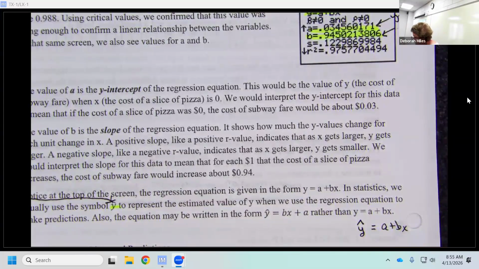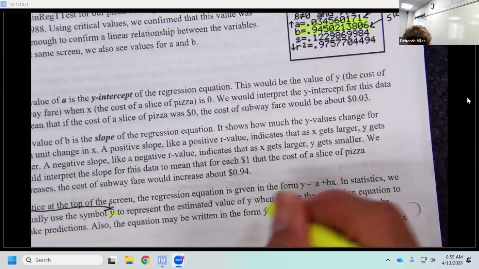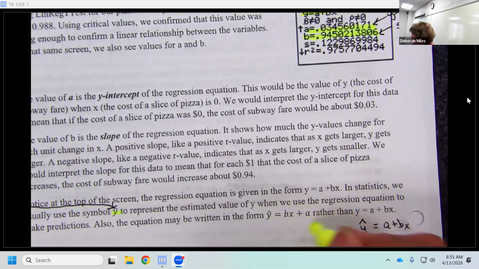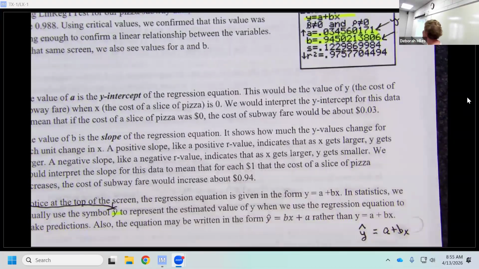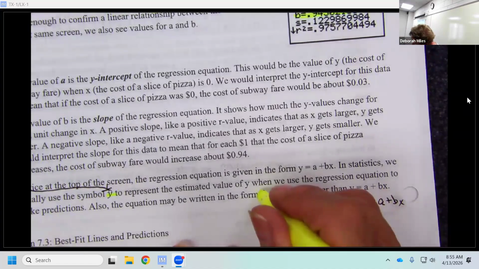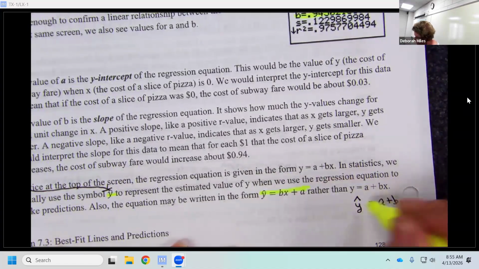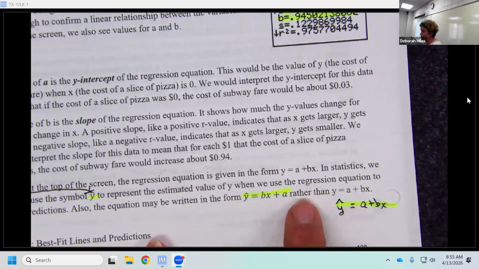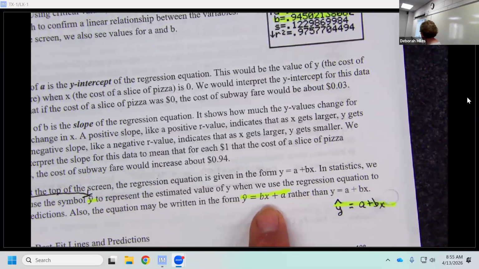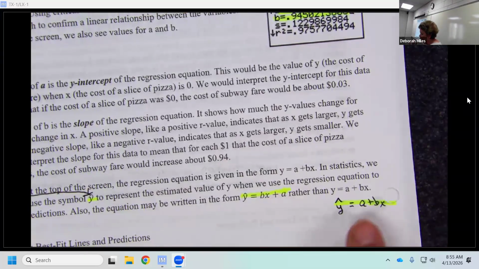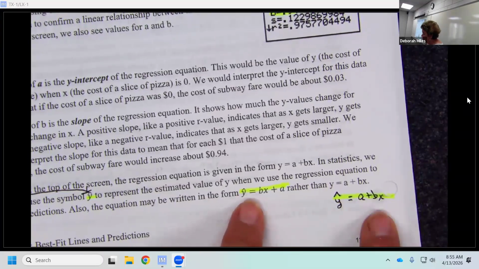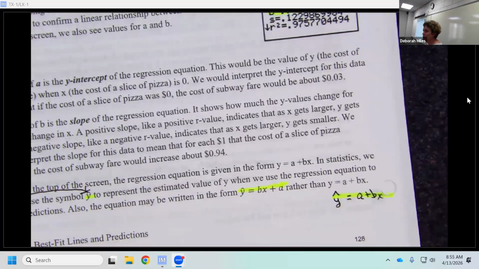Or sometimes in the homework, in parentheses, they'll say write your answer in the form Y hat equals BX plus A. It really doesn't matter which is written first, your y-intercept or your term with the slope. So you could either write Y hat equals BX plus A or Y hat equals A plus BX. In both cases, B is your slope and A is your y-intercept.